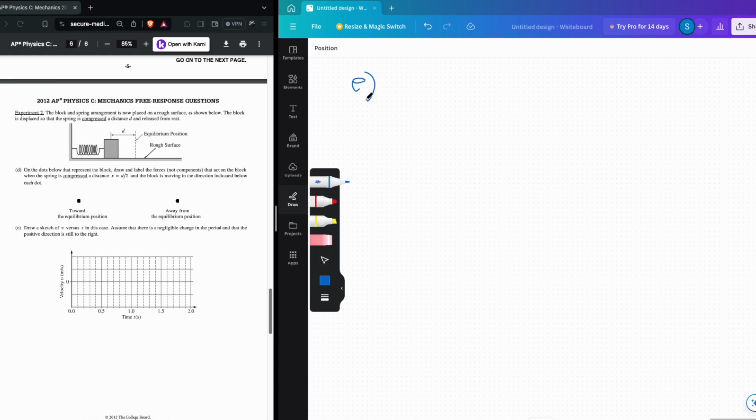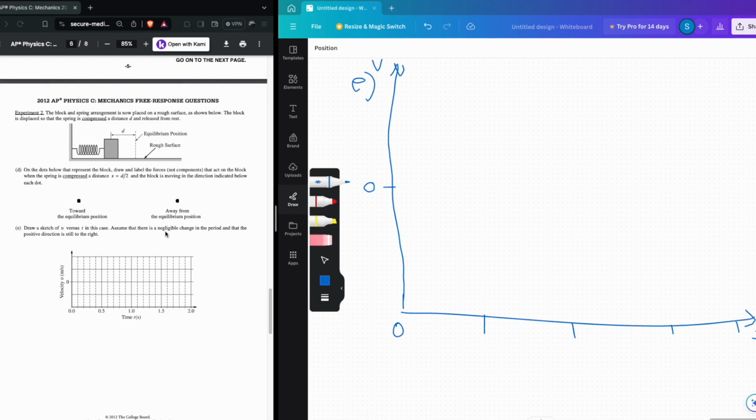For part E, we have to draw a velocity versus time graph, and it would look something like this. It starts at 0, 0.5, 1, 1.5, and 2. Then we can put v equals 0 right here, with v here and t right there. Something important to keep in mind is that it says there is a negligible change in period.